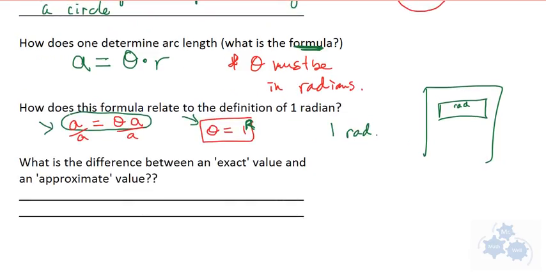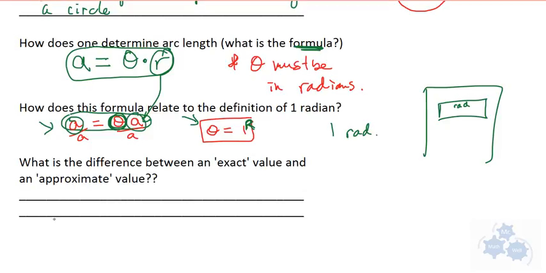All right, sorry, question? Right here, the original formula is A equals theta times R. What happened to the R in the second one? The definition of a radian is the angle that makes the arc length and the radius equal.